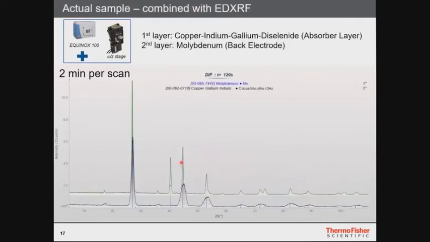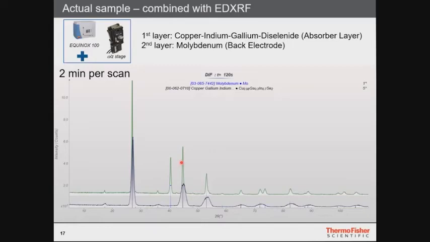Afterwards, we look up which phases these signals belong to by comparing them to a database. We find two phases: one is copper gallium indium selenide, and the other is molybdenum. So this is a CIGS solar cell, and it uses molybdenum as a back electrode, and copper gallium indium selenide as the absorber material.